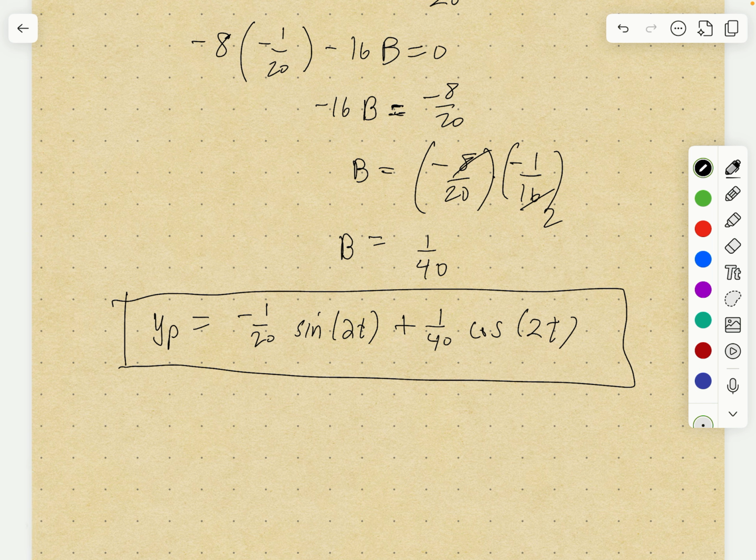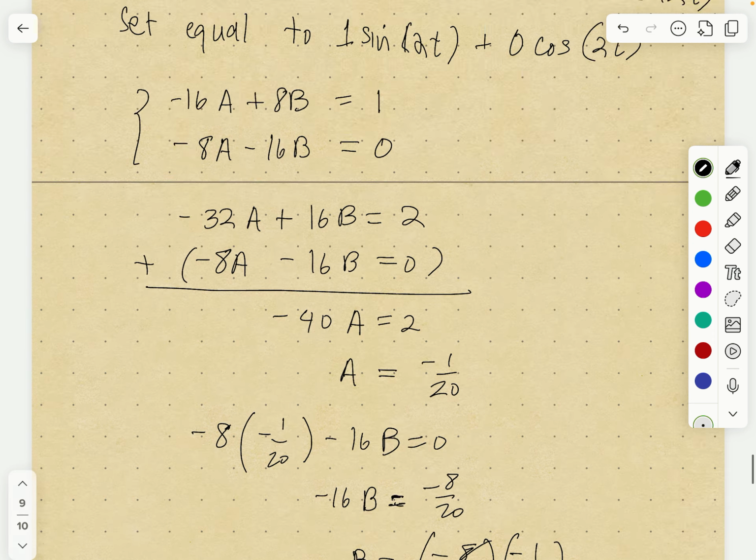Because didn't we have a scenario where you had a homogeneous equation and the solution ends up looking something like this? Okay. So if that happens, you have to multiply everything by a t. In a future video, I'll clarify this.